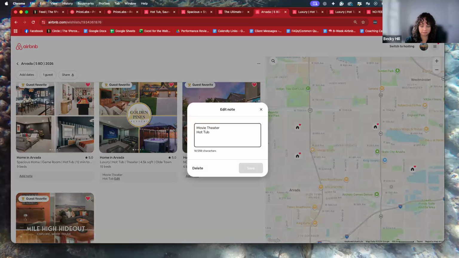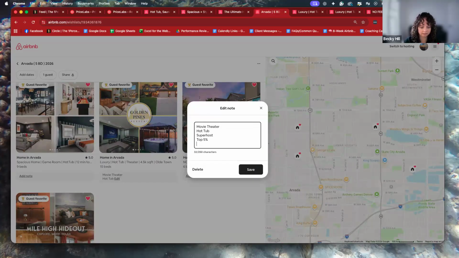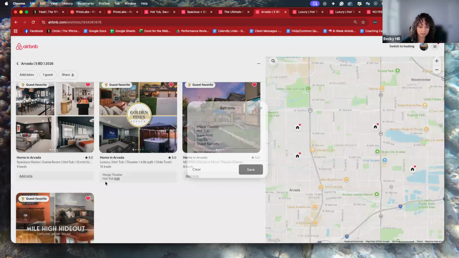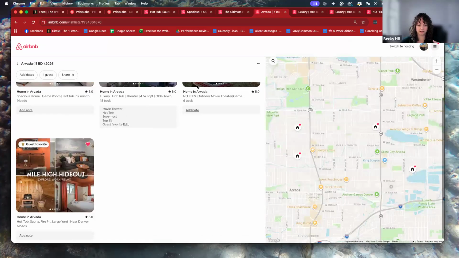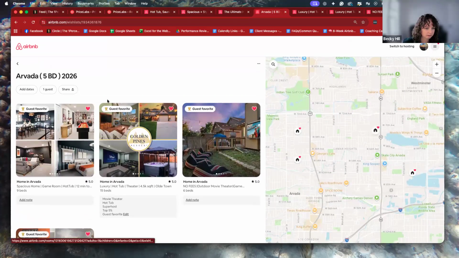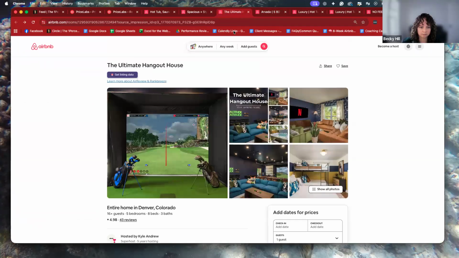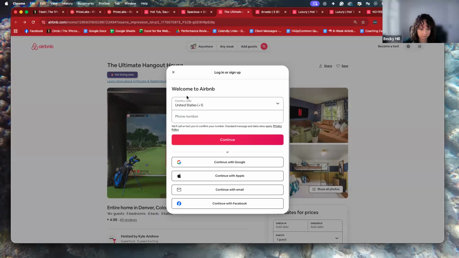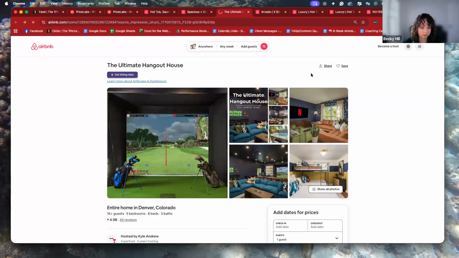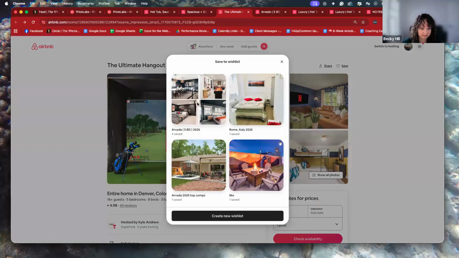So I like to write that kind of stuff too. Superhost, top 5%, guest favorite. I just start to notice patterns when I do that for each of my comps. Okay, so we're going to build out these comp sets in both Price Labs and Airbnb at the same time.